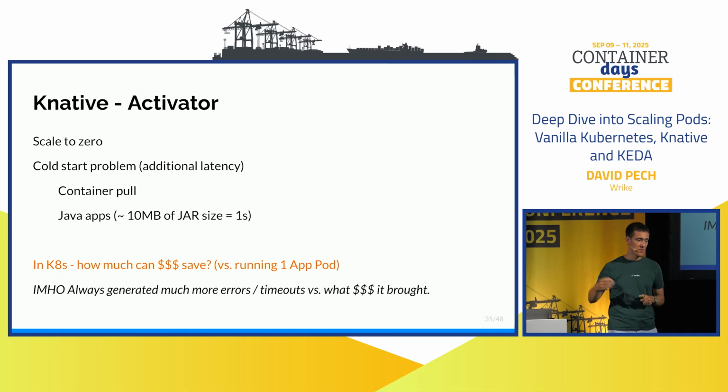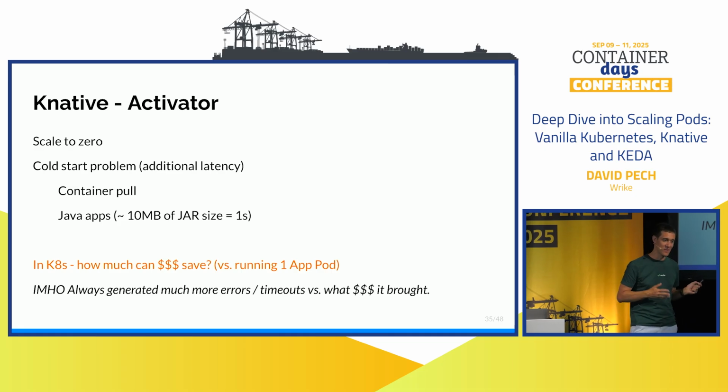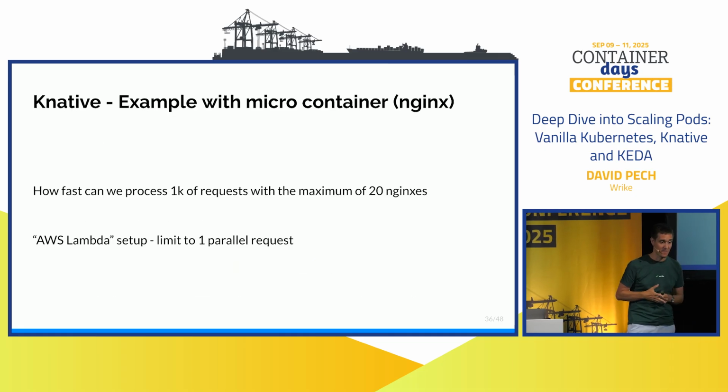And you also need to count this in. In my opinion, probably very controversial after those questions I've seen earlier today, it's definitely not worth it. Maybe for some very niche use cases, but typically you spend much more time debugging this and understanding what is happening under the hood than what it brings you in terms at least of savings.